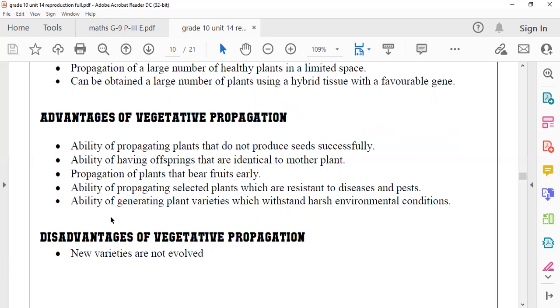The basic thing is this. If you find some good quality, that good quality can be preserved by vegetative propagation. It can be resistant to diseases, resistant to pests, withstanding harsh environments. That character will not be allowed to change by vegetative propagation.